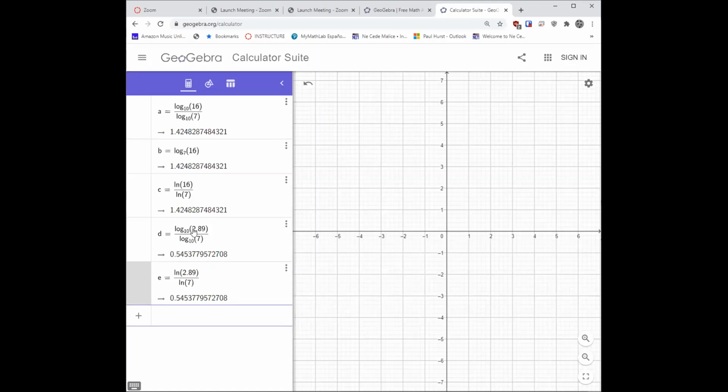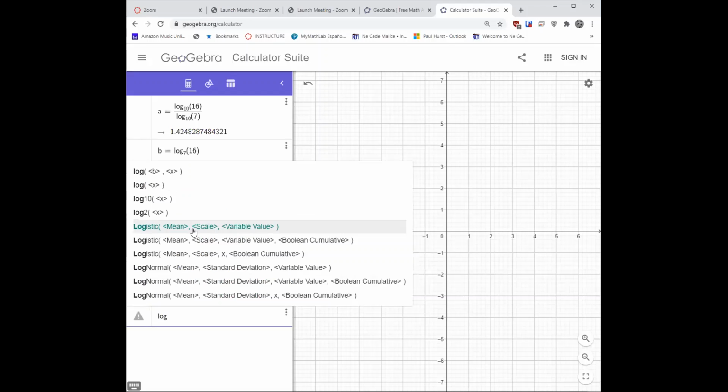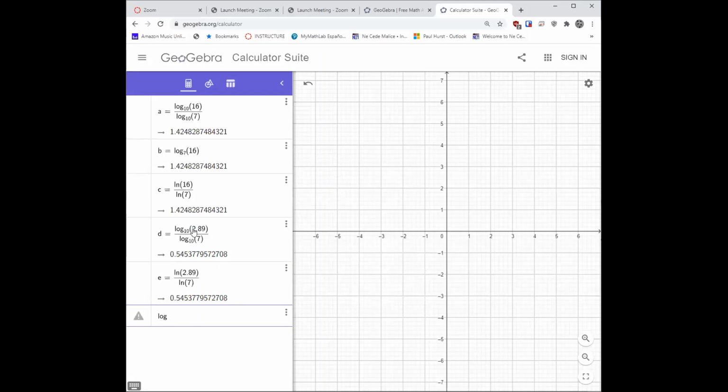That one is the same answer. Or if you're just feeling like, okay, I want to use some technology to do this, and ignore the instructions, do it my own way. So put underscore 7, right arrow key, parentheses, 2.89. Boom. So either way. So any of these ways.